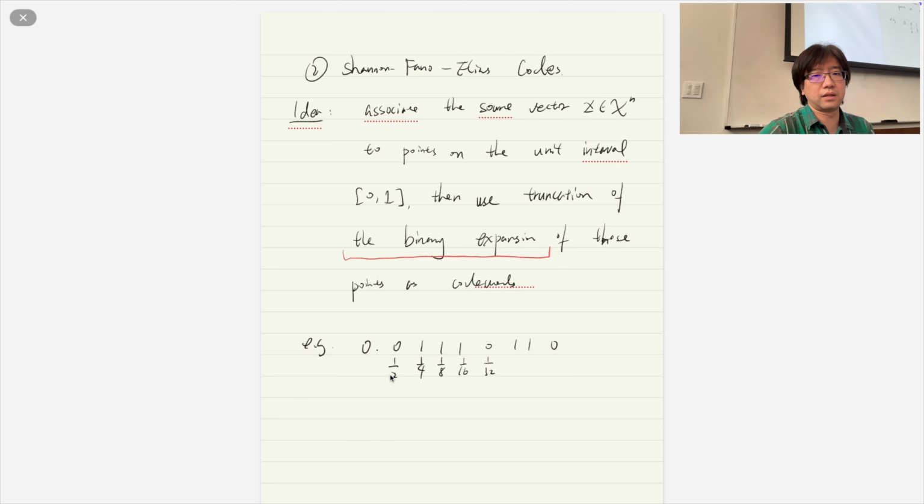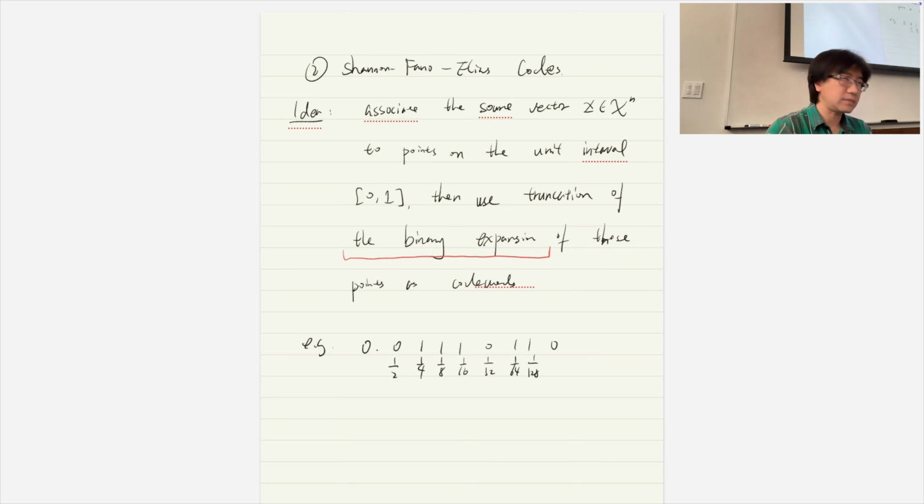This is the binary expansion. For example, 0.0110110: you just add 1/4 plus 1/8 plus 1/16, and also 1/64 and 1/128.